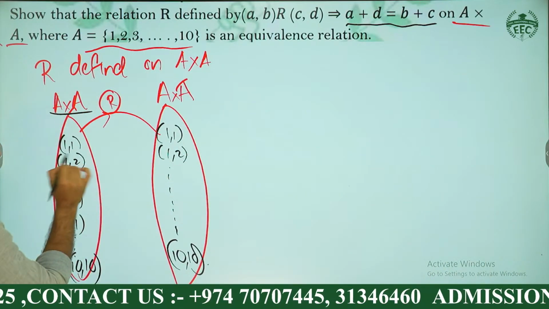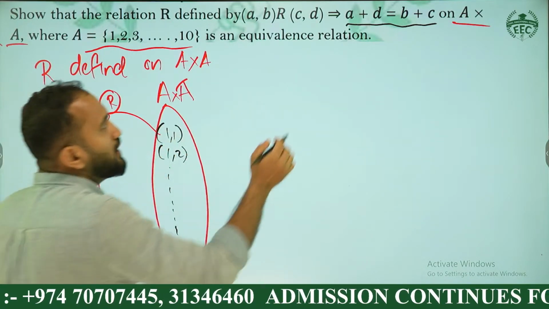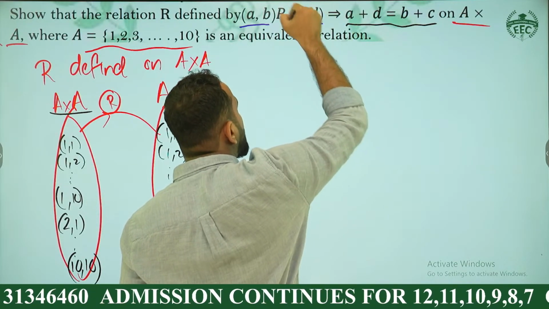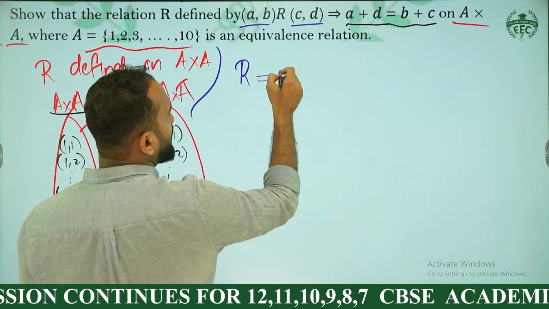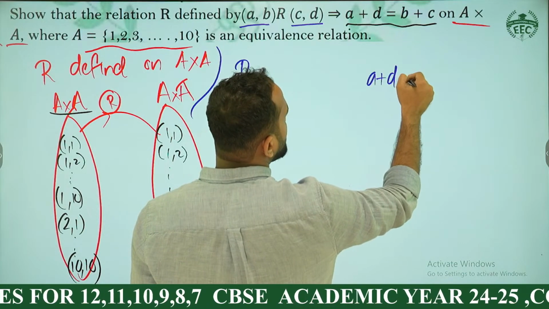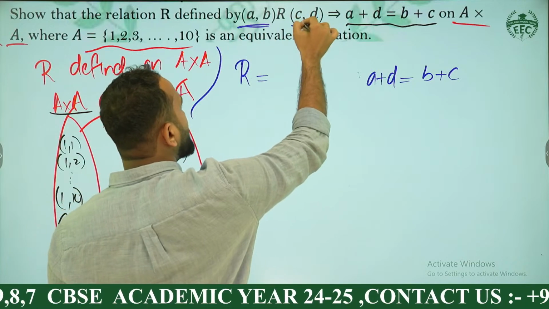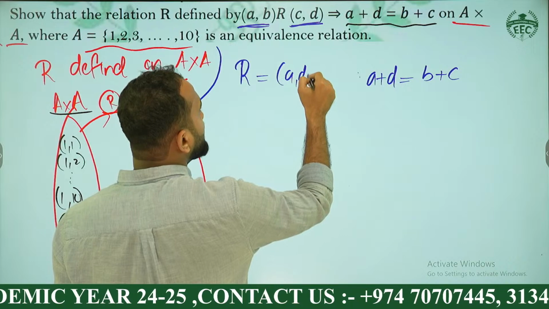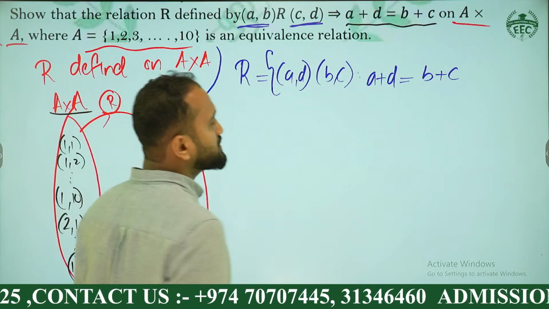One ordered pair (a, b) will be related to another pair (c, d) as per the relation R given by a plus d is equal to b plus c. Whenever you see two pairs which satisfy this condition, then you can say that the pair (a, d) and (b, c) will be a pair in the relation R.